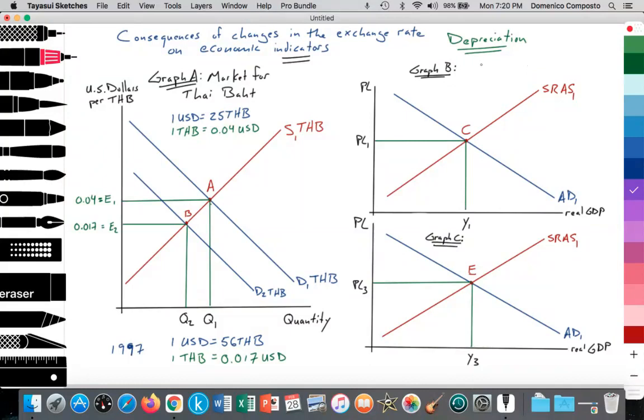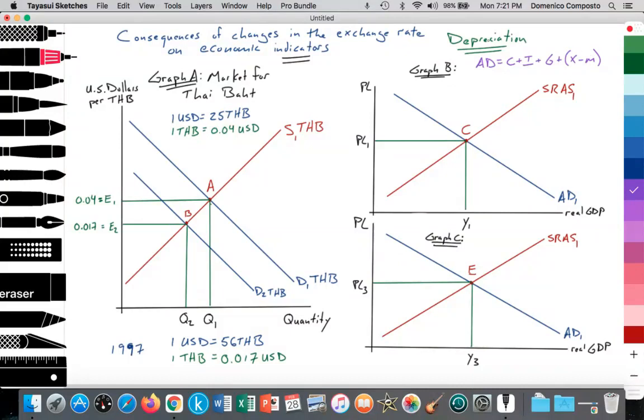So let's remember that aggregate demand, AD, is equal to consumption spending plus investment spending plus government spending plus exports minus imports. Macro in Unit 3 is predominantly focused on C, I, and G, but global economy is looking at this fourth component of aggregate demand.